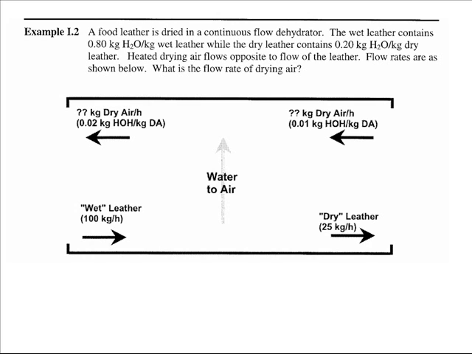This is a diagram of the example from the book, Example 2, as we just read. As you can see, set up is a rough diagram of the system itself, where you see the wet leather in the lower left-hand corner and the amount that's coming in, the dry leather as it's exiting in the lower right-hand corner, the dry air entering, which we don't know the amount of, coming in from the upper right-hand corner, and the amount of water that's actually associated with that dry air.